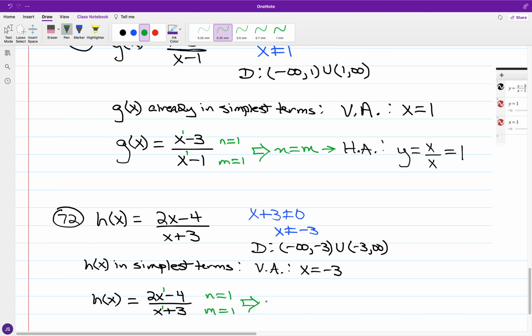So again, n and m will be of the same value. And for the horizontal asymptote, it's going to be where we have y equal to the ratio of 2x divided by x, and that is going to go to 2.